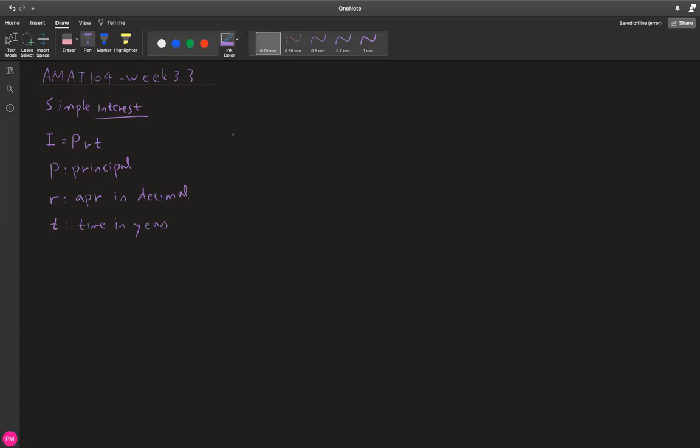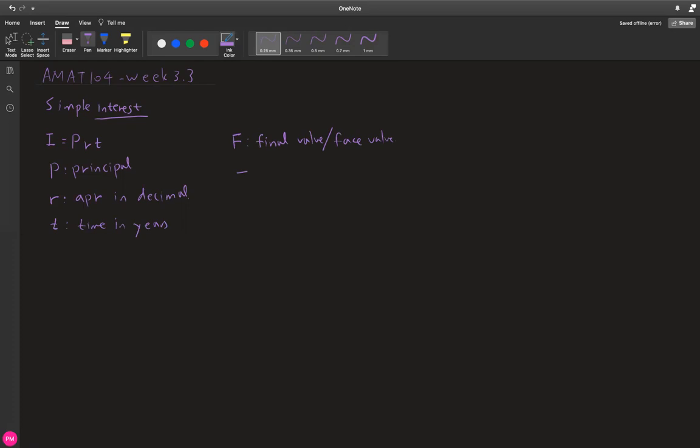Also, we talked about F. In this case, F is the bond's final value or the face value. They're the same thing, but depending on the context, one term is more appropriate than the other.